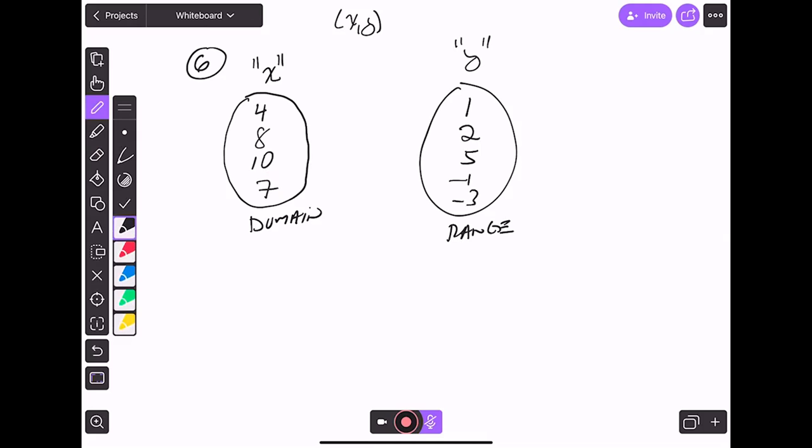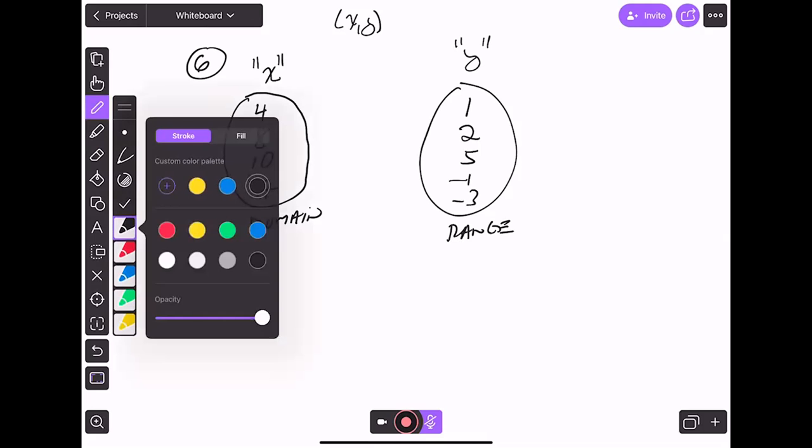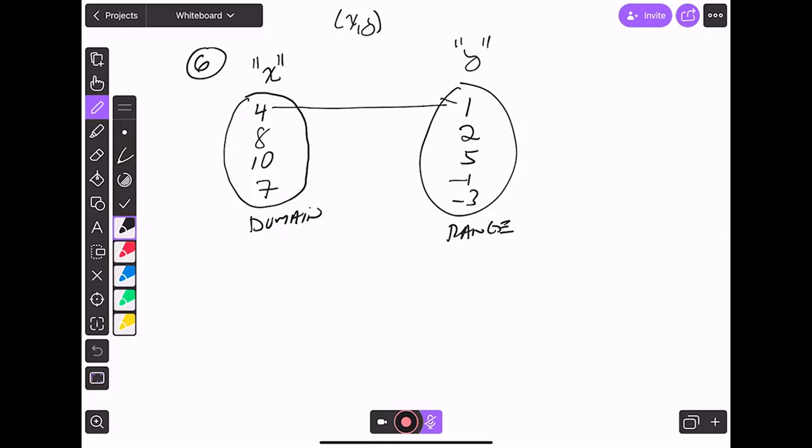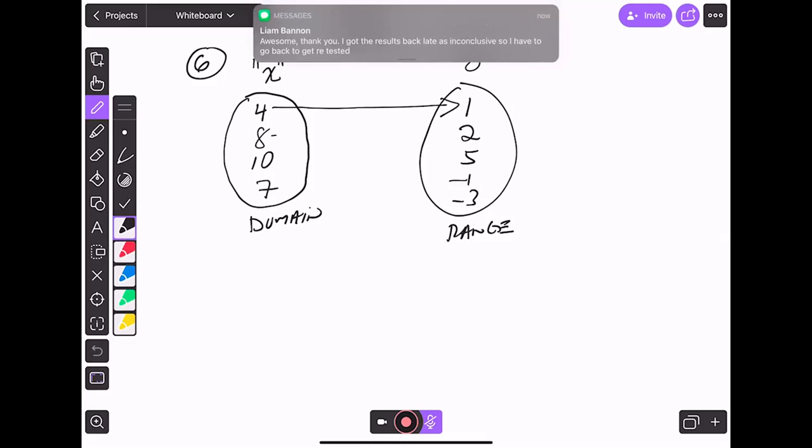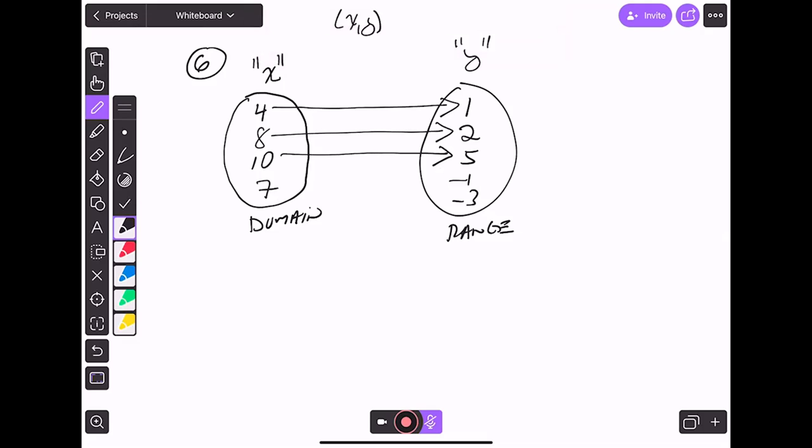Now, let's talk about the relationship. 4, the first ordered pair, goes to 1. 8 goes to 2. I'm telling you how they're related. 10 goes to 5. And let's see, 4 goes to minus 1. And let's see, 7 goes to minus 3. Well, everybody in the domain is going to something in the range.